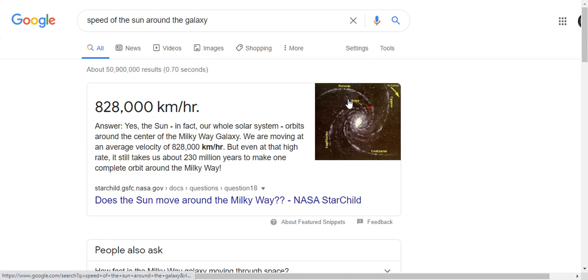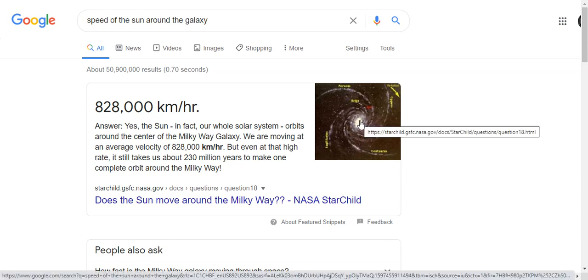All we know is that we look out today and we're going 828,000 kilometers per hour according to this Google search. We don't know when the plug was pulled. We don't know when the low pressure zone was started. But we do know that the second that it did, all this force happened immediately. So logically, just on that information alone, could this galaxy have been in existence for 6,000 years just based on what I said? Yeah.